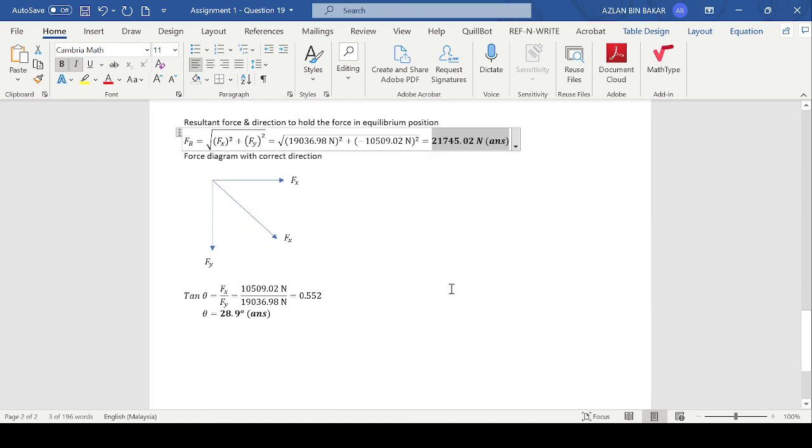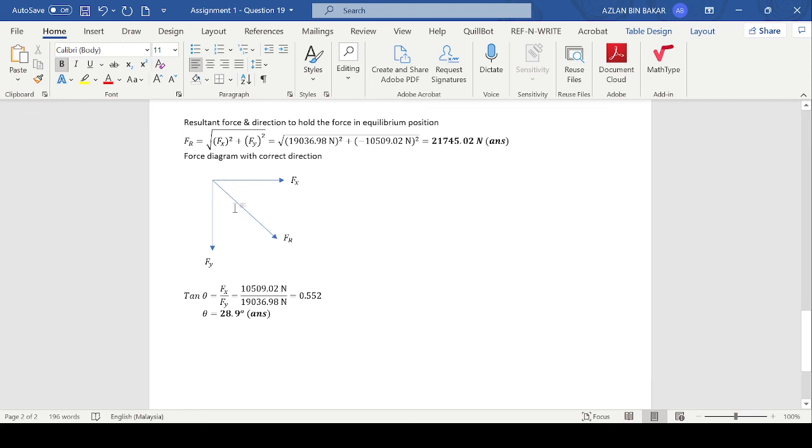To find the direction, we need to draw the force diagram. Basically we need to find the angle between the resultant force and Fx.